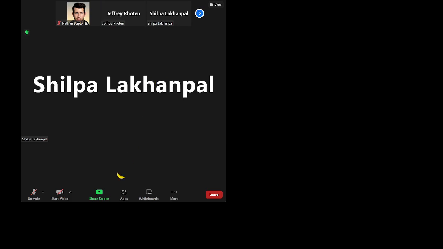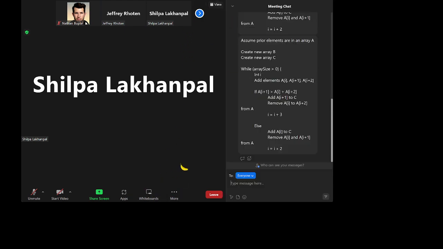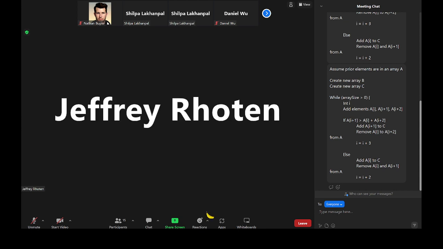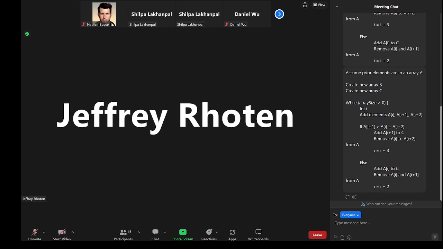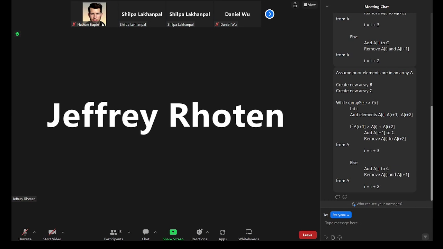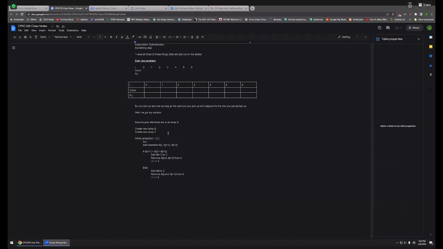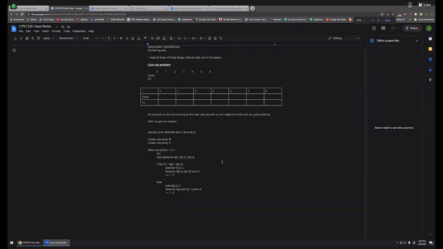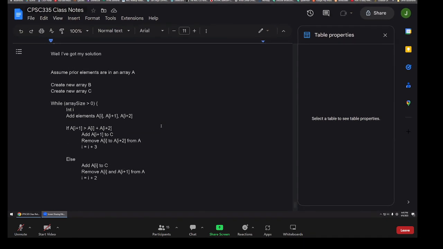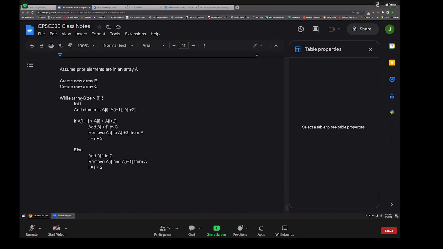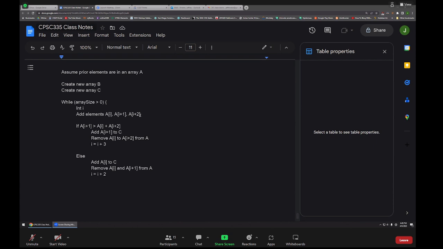Add elements AI plus 1, AI plus 2 to where?